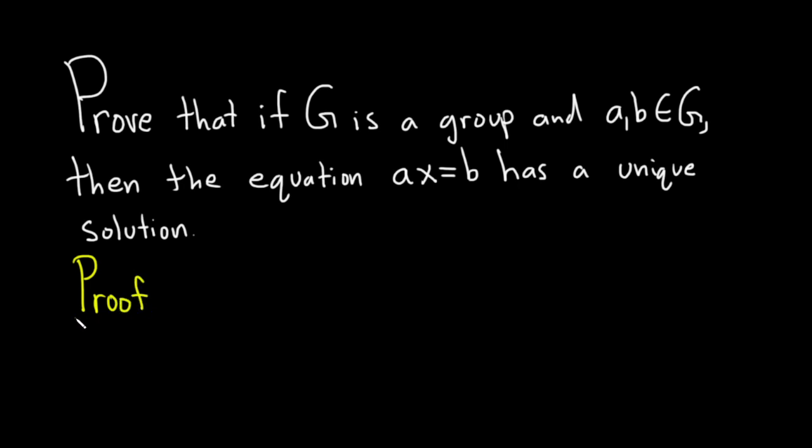So this is an existence and uniqueness proof. We first have to show that there is a solution, that's the existence part, and then we have to prove that it is the only solution, that is the uniqueness part.